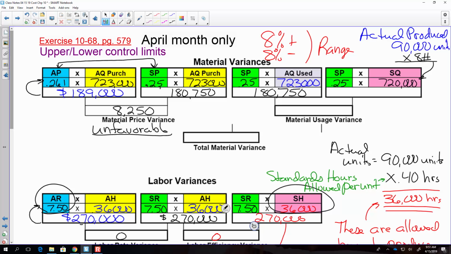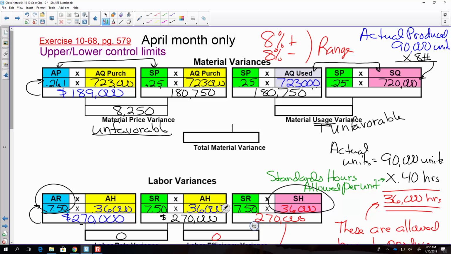Austin, maybe you can help me with this. I used 723, right? I was supposed to use 720, so what's my usage variance? Favorable or unfavorable? I used this. I should have used this. So unfavorable. Yeah, because I used more, right? Excellent. Awesome.